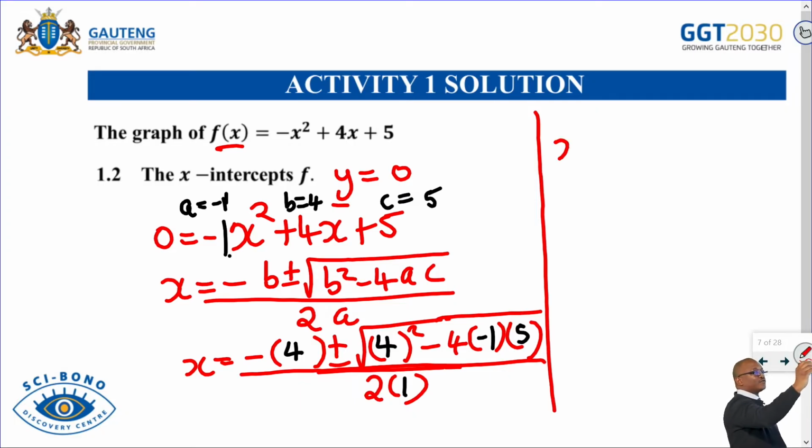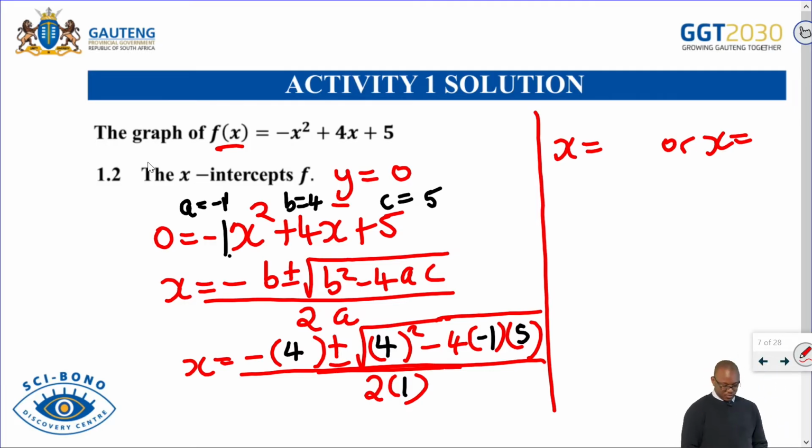Then now you have to take your calculator and determine the values of x. Another thing that is challenging is when learners have to punch this on their calculator. So you need to be accurate on how you punch these values into a calculator.